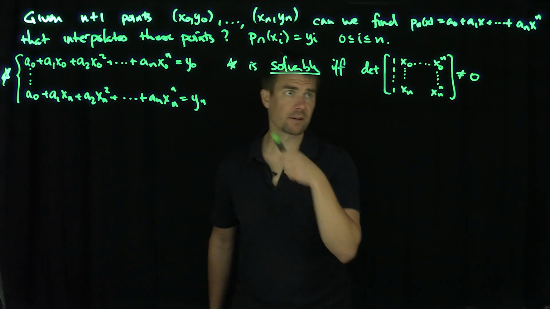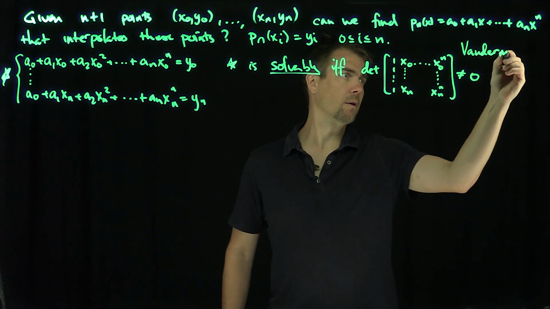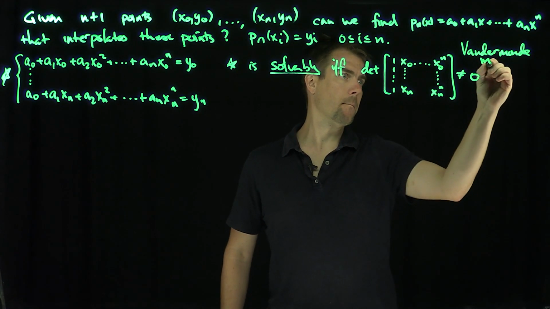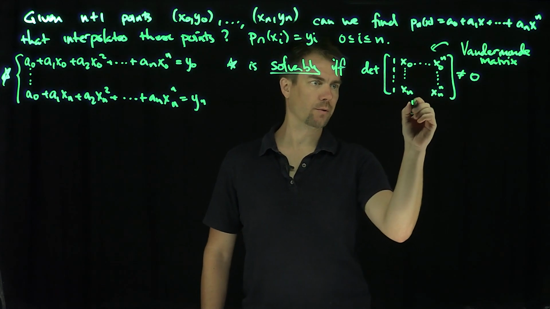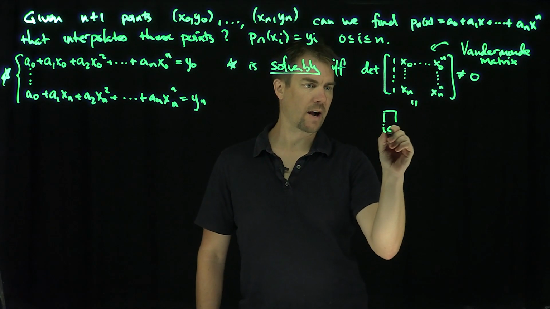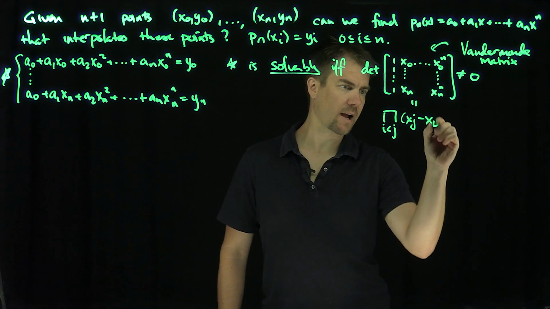And this, of course, is our Vandermonde matrix. And I know what the determinant of that is. The determinant is just equal to the product over i less than j of xj minus xi, right?